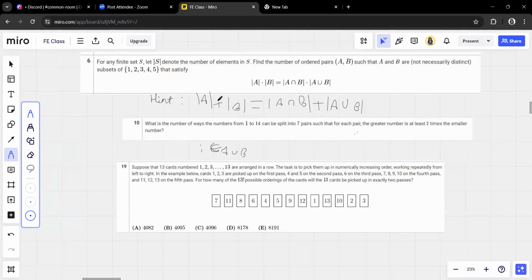For example, if it only appears in A, then over here it will be counted once, and over here it will not be counted. Similarly, if it is in both, it will be counted here and here, and also here and here. So you have 1 plus 1 equal to 1 plus 1, which is obvious.